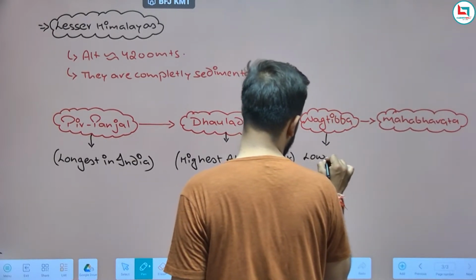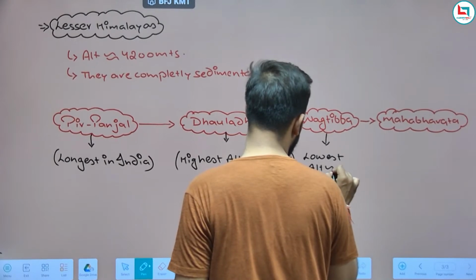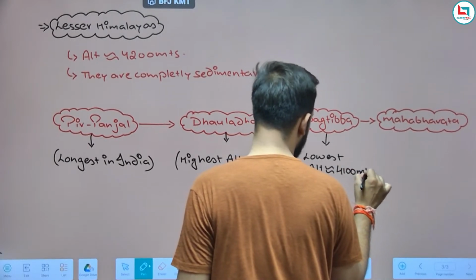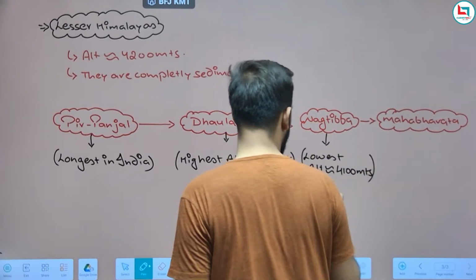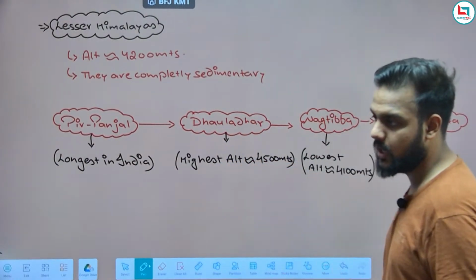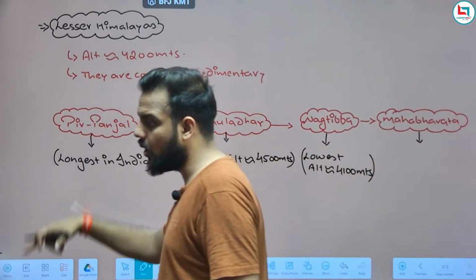Nagatibba is the lowest among all four. Its altitude is around 4,100 meters. When we talk about the Mahabharata, Mahabharata is longest among all four.